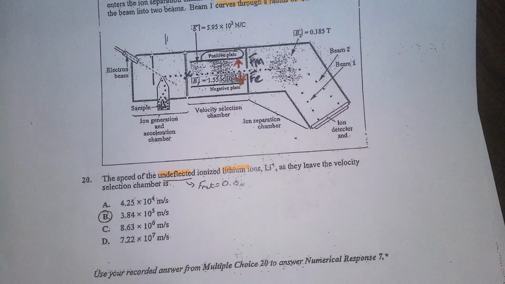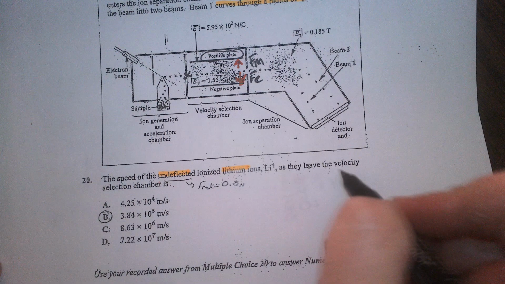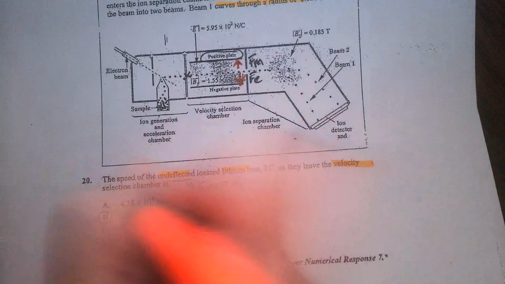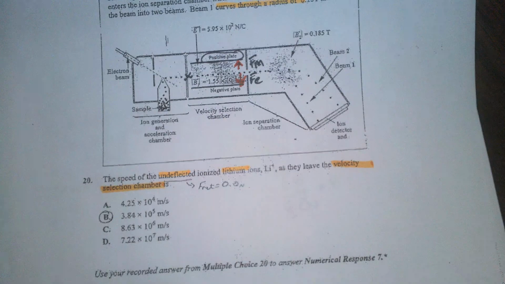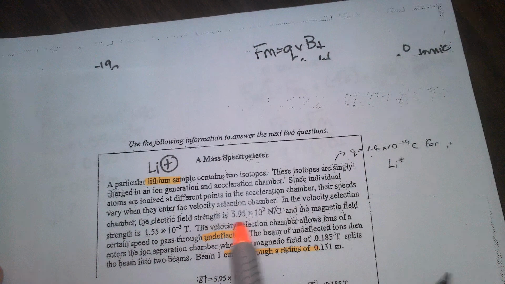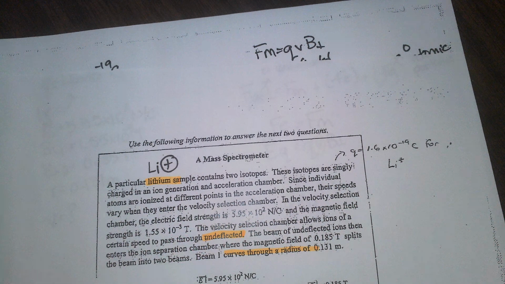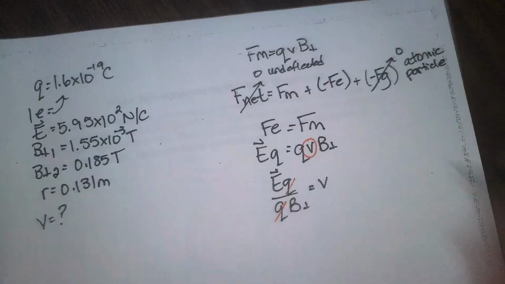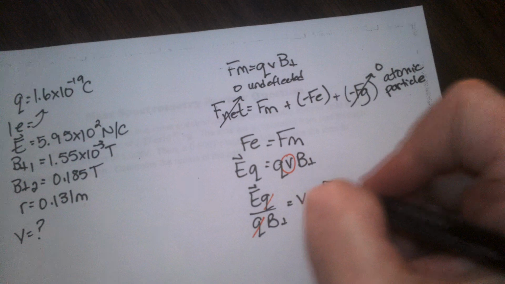And it says here, how do I know which magnetic field strength to use? It's leaving the velocity selection chamber. And it says up here, in the velocity selection chamber, the electric field is 5.95, the magnetic field is 1.55. That's how I know which of those two to use.